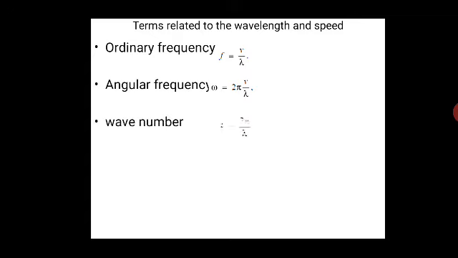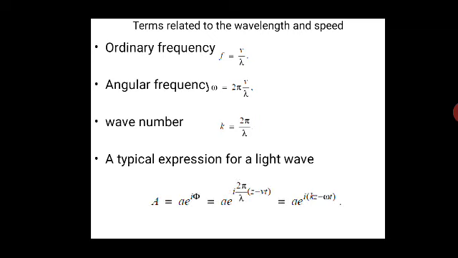And wave number, we can write the equation as k is equal to 2 pi by lambda. And the above typical expression of light can be written as A is equal to a e to the power of i phi, that is equal to a e to the power of i 2 pi by lambda into (z minus vt), or I can write it as a e to the power of i into (kz minus omega t).